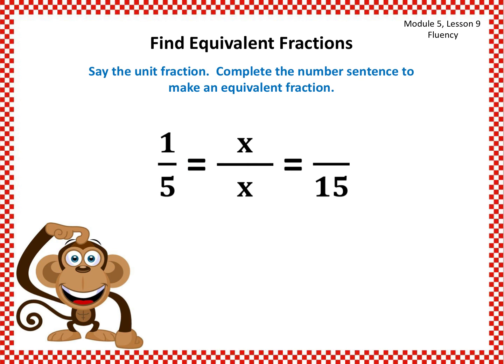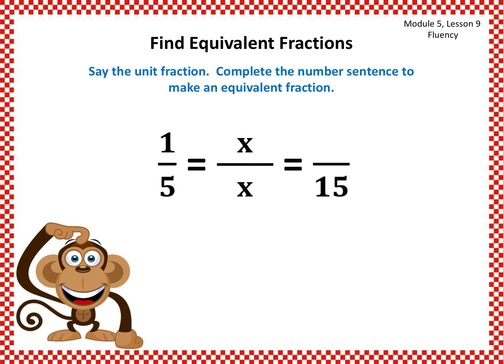All right, we're going to do it again. Look at this. I want you to try to do it on your own first. So pause the video, do it on your own, come back and see if you did it right. Okay, we've got 1/5 as our unit fraction. We're going to multiply it by something, and we see that our denominator is going to equal 15.